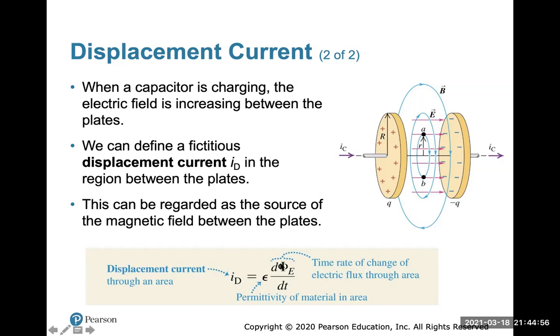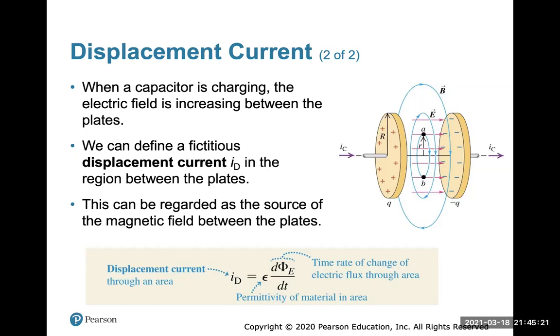If we consider the rate of change of electric flux, and in order to make the units turn out right, all we need is the permittivity. And we have the unit of amps.